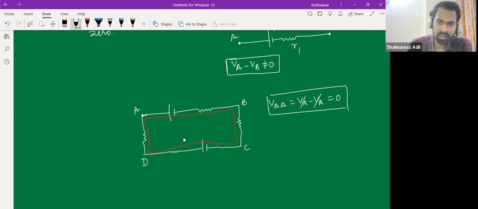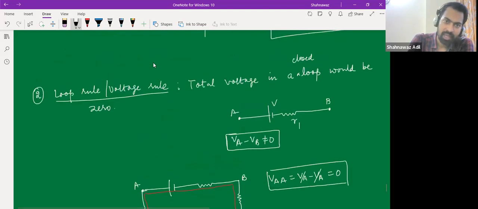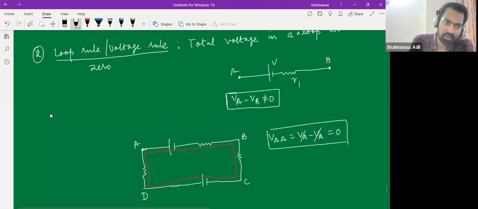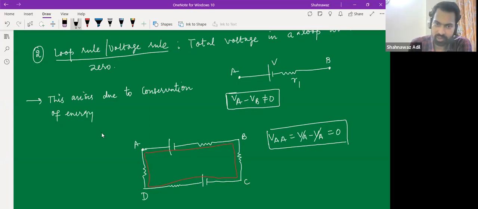Okay, so this is the voltage rule, and this arises due to conservation of energy. Total energy is always conserved.